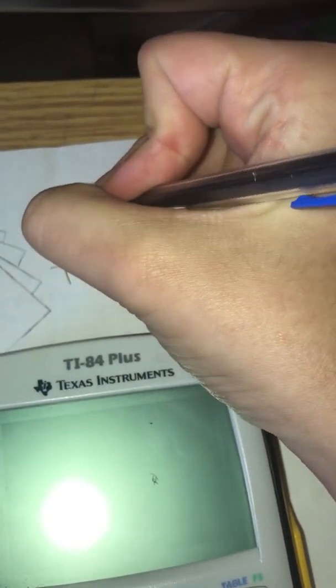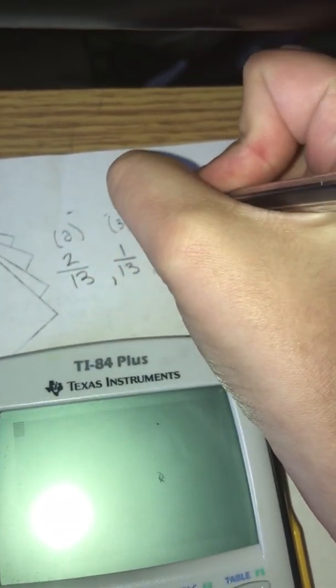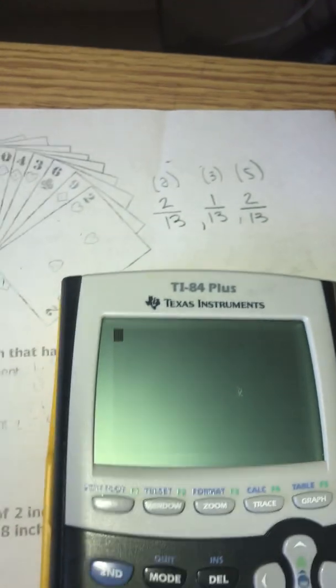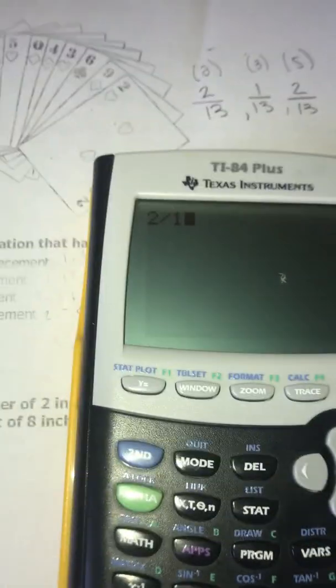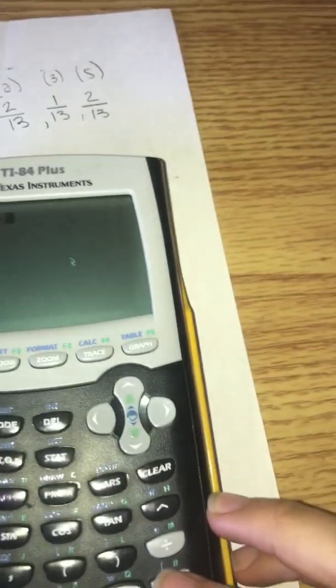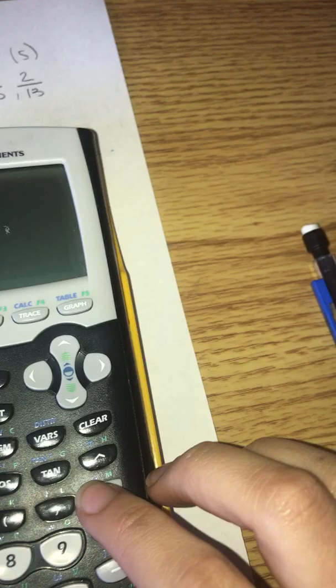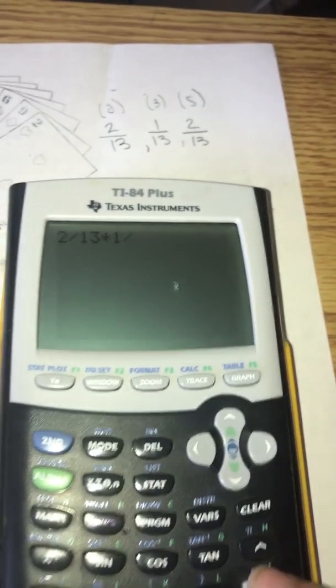So we said that we had 2 number 2 cards out of 13 times 1 number 3 card without replacing it.